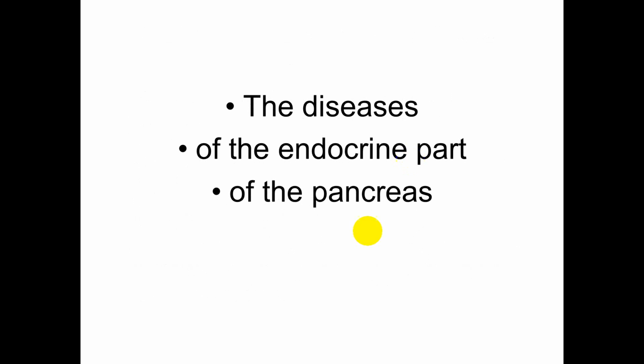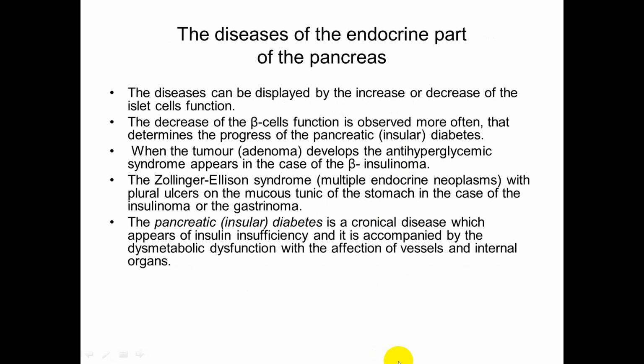Disease of the endocrine part of the pancreas. The disease of the endocrine part of the pancreas can be displayed by an increase or decrease of the islet cells function. The decrease of the B cells function is observed more often and determines the progress of pancreatic insular diabetes.